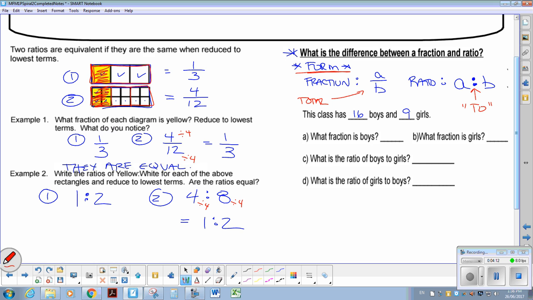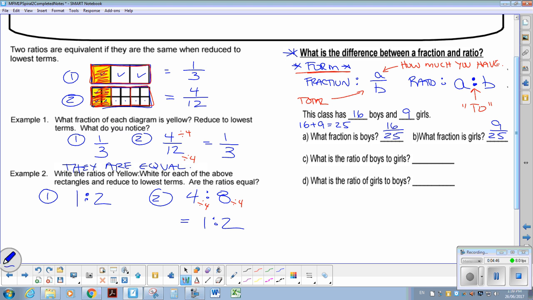The B is always the total, and A is how much you have. So what's the total here? The total is 16 plus 9 equals 25. So what fraction is boys? Well, we have 16, and there is 25 in the class. What fraction is girls? Well, 9 girls in a class of 25.